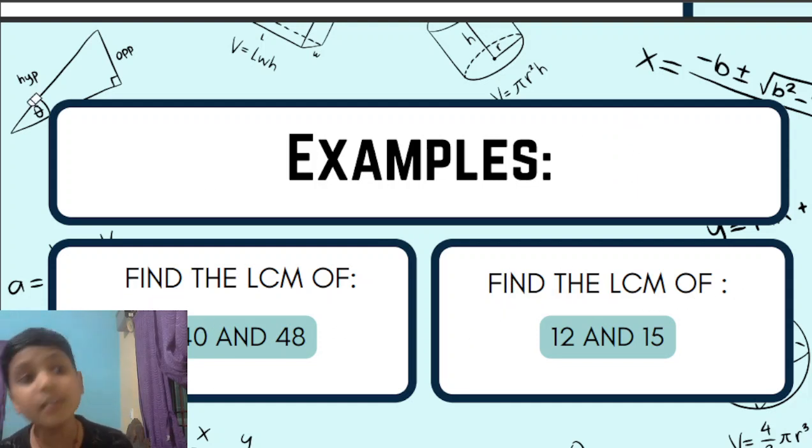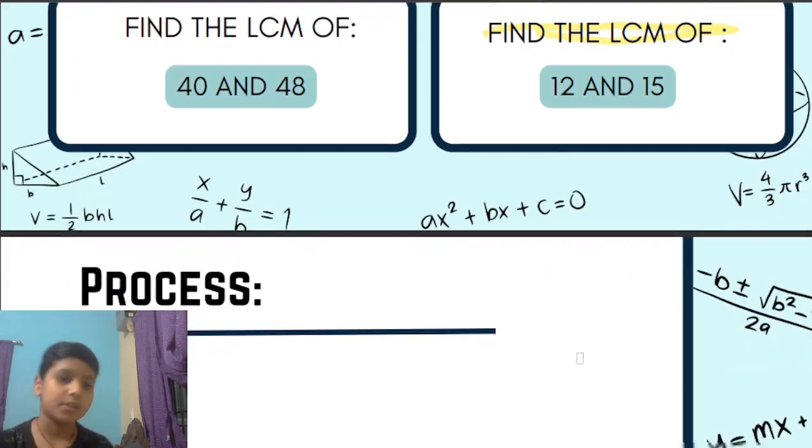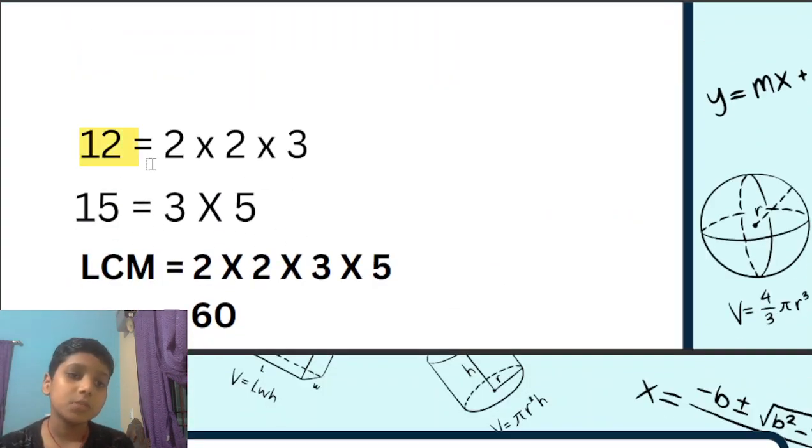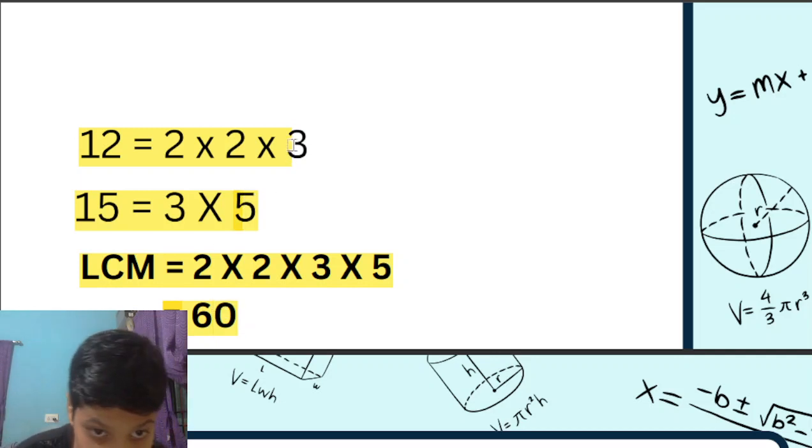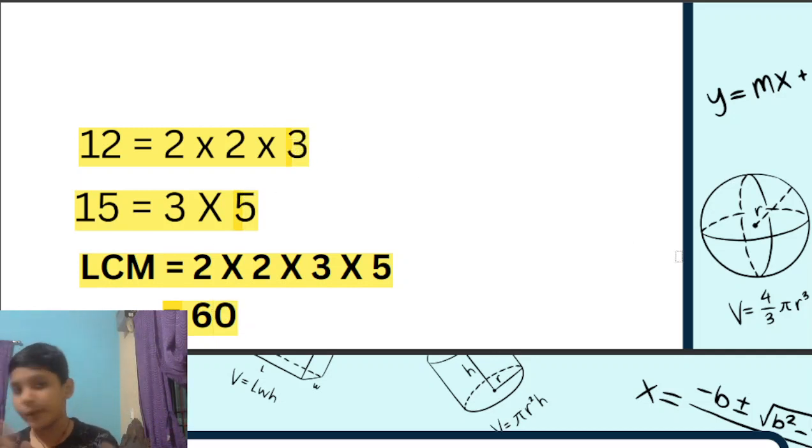So find the LCM of this. So what's the process? I have highlighted the process for you. Please check the process and do it.